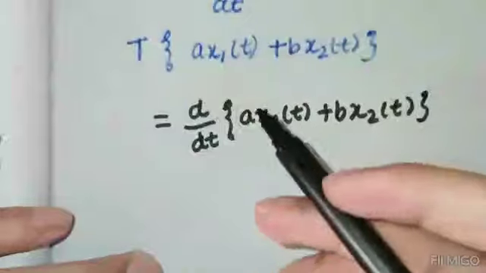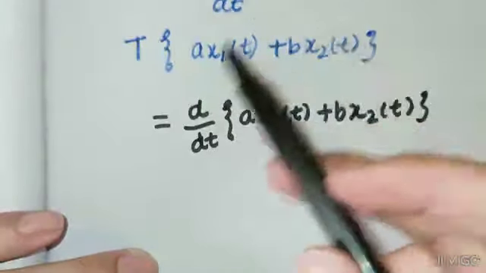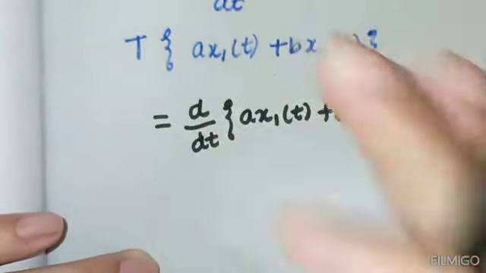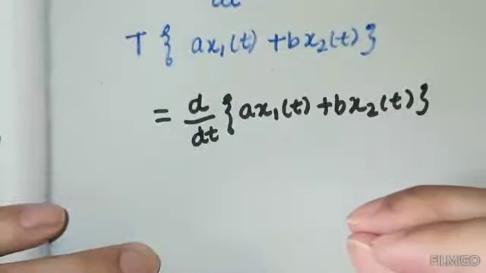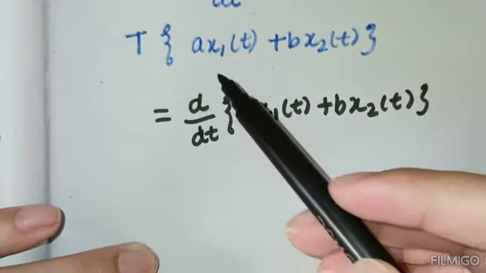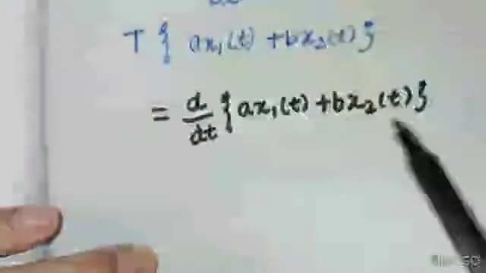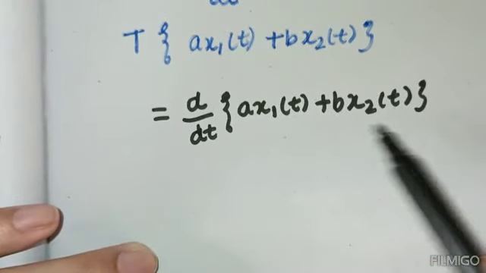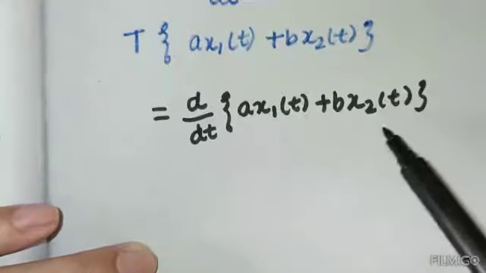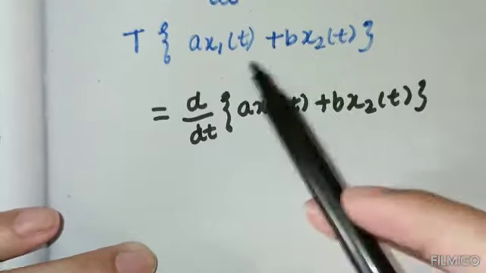When you apply a x1 of t plus b x2 of t into the system, as the system is a differentiation system, you get d by dt of this particular input that you are given to the system.